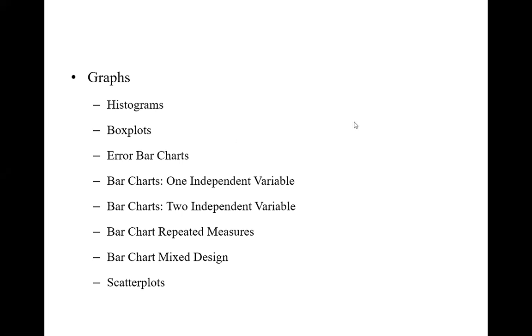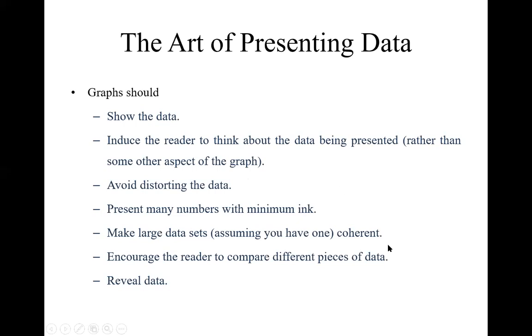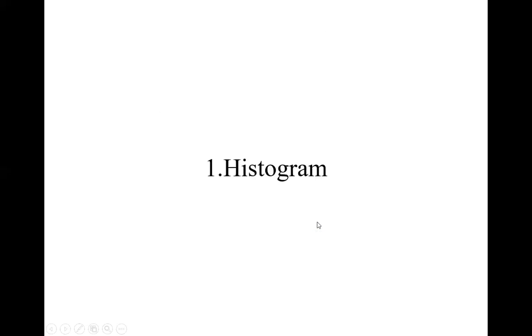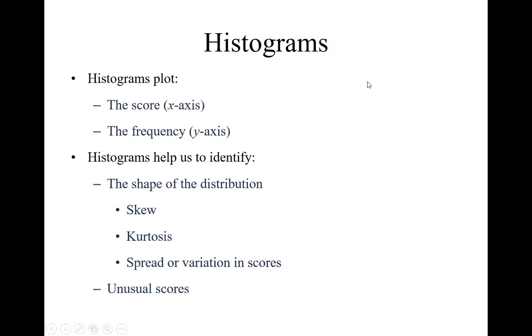Now, the purpose of the graph is just to know whether my data is normal or not. Now you can see the histogram. There are two axes, x-axis and y-axis. Through a histogram we can identify skewness, kurtosis, spread or variation in scores, and unusual or extreme cases.